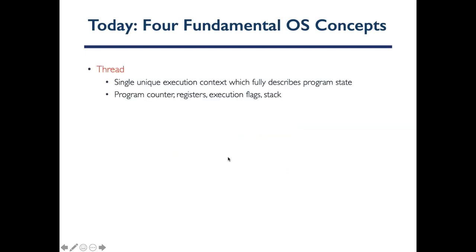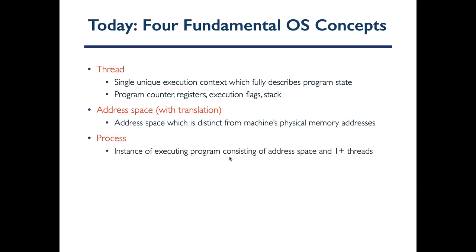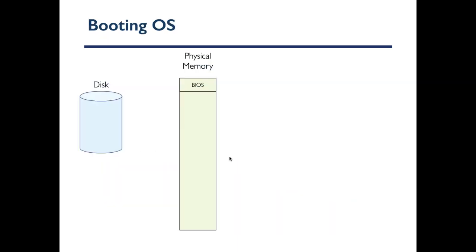So let's start with the first of the four fundamental OS concepts, which is threads. We're going to start by looking at how an operating system is booted from the beginning. When you turn on your computer, what happens?